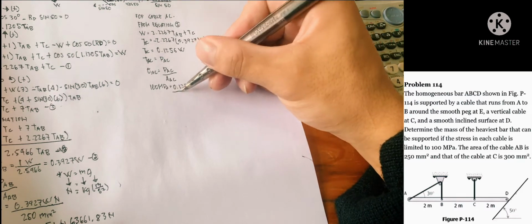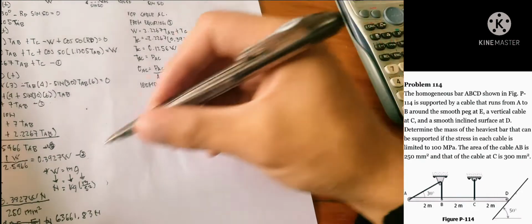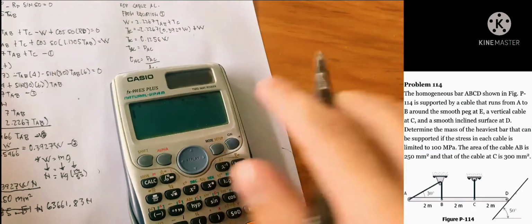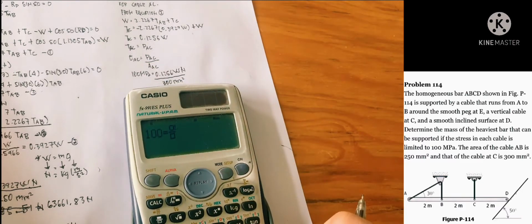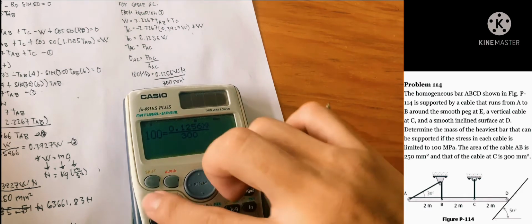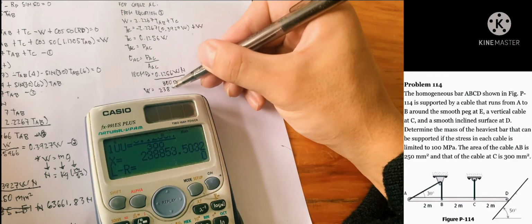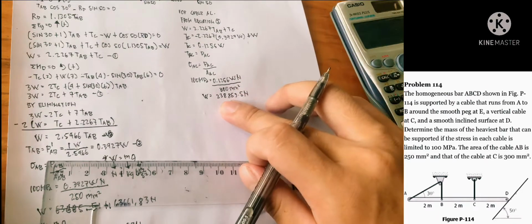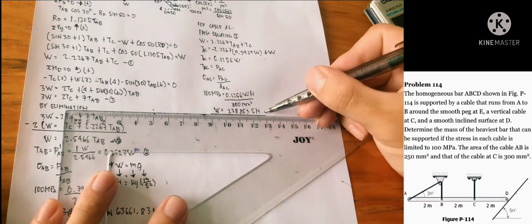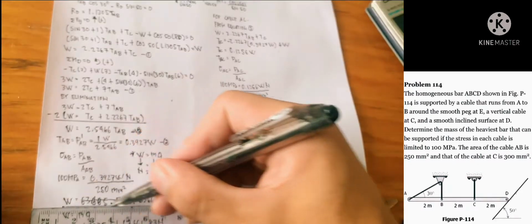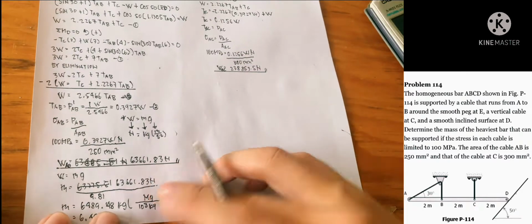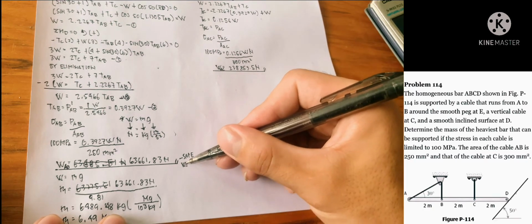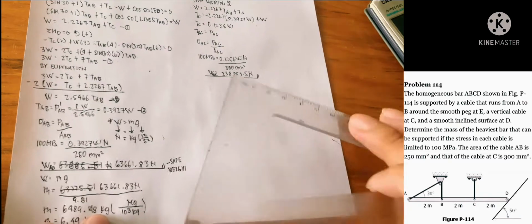That means tension AC is very strong. Looking at the numbers, comparing it to the ratio of our other cable with the weight limit, it is capable of taking a load of 238,853.5 newtons, while comparing to the capabilities of AB, it has 63.661, meaning we cannot exceed the limitations of tension AB.